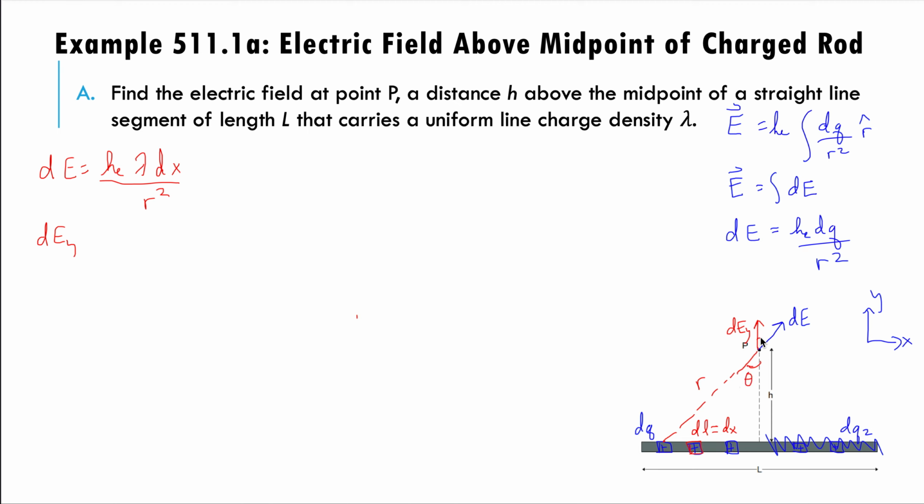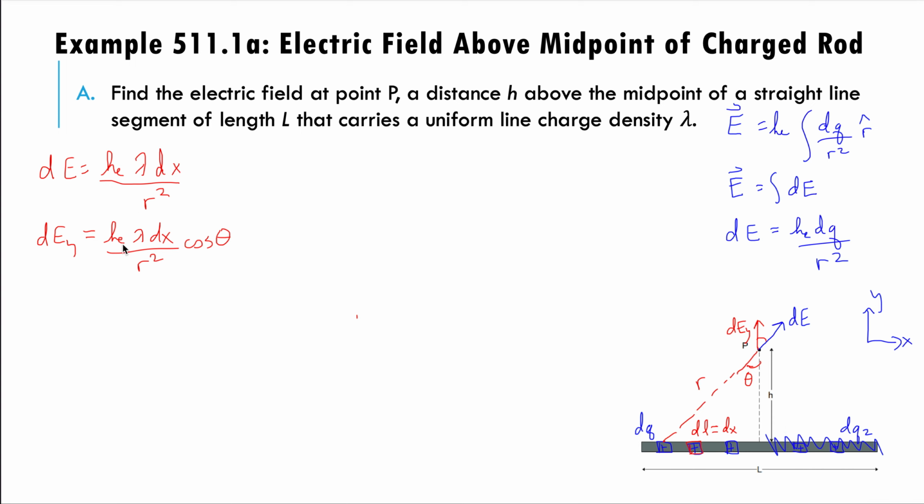And then we see that this is the same theta over here, and that dEy is going to be adjacent to the angle, so it's going to be dE cosine of theta. So we can write k_e lambda dx over r squared times cosine of theta. So this is going to be dEy. Eventually, we're going to have to multiply by 2 to find the contribution of both segments.